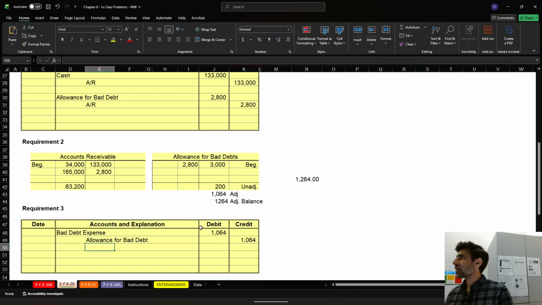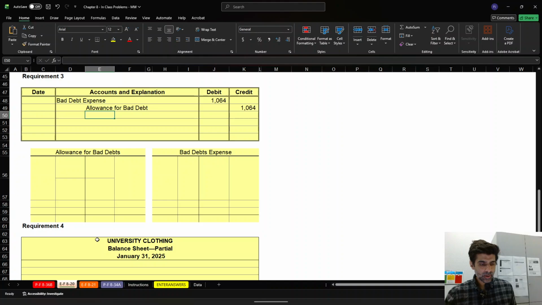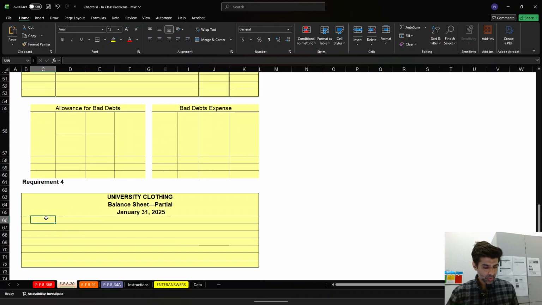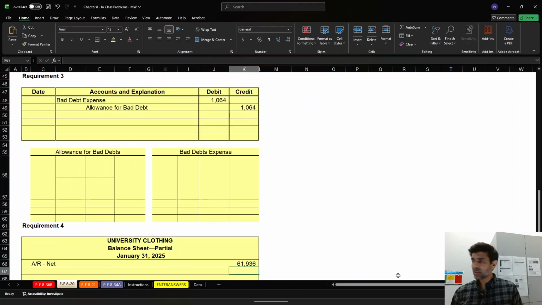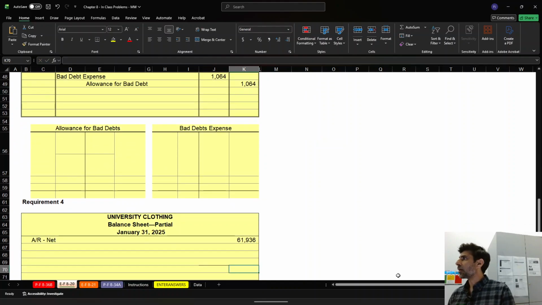Okay. And then when we report what our balance sheet accounts receivable is, it's going to be accounts receivable net. It's going to be equal to this minus our new balance. That's how much we are going to report on our balance sheet.